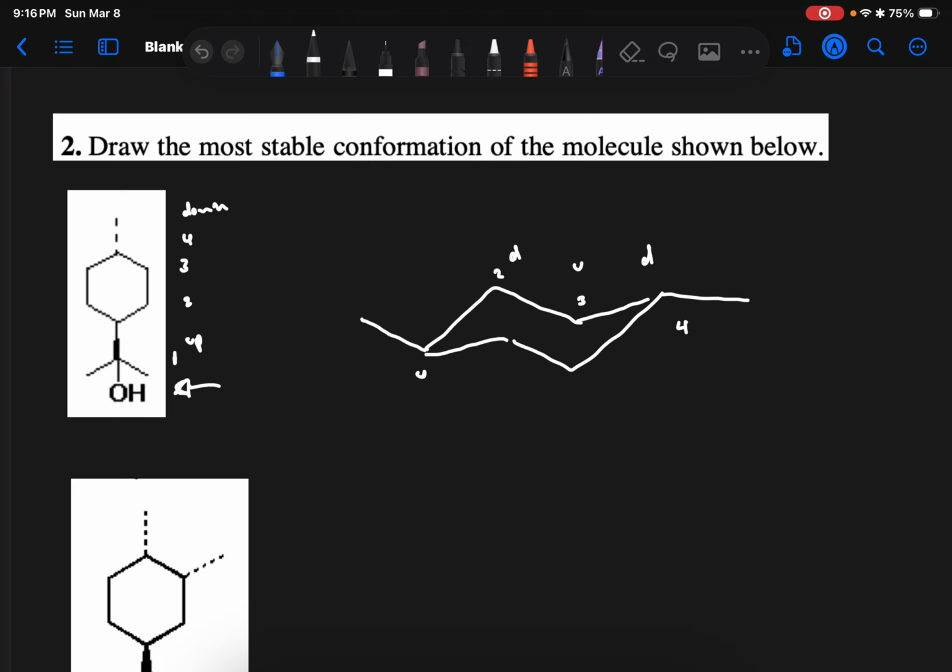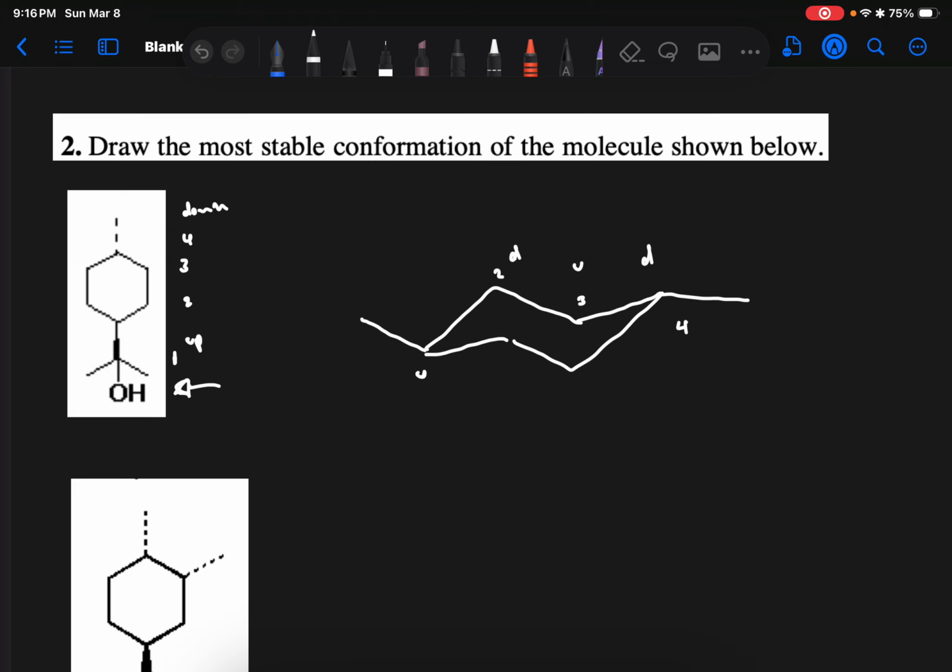So you might be asking, how did I count that? If this is equatorial up, this has to be equatorial down. You can't have two equatorials up beside each other. It has to be equatorial down. So if you need an up conformation, then you have to do an axial up rather than equatorial up. That's just something to note.